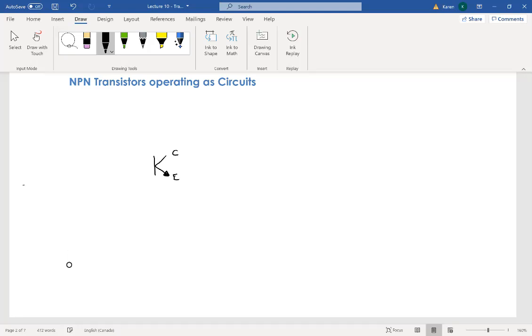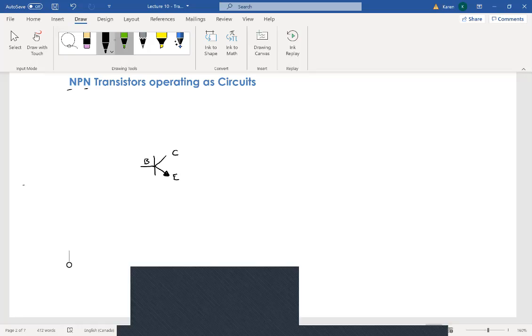An arrow always points to the N side, and the N in NPN is on the outside, so this is pointing out. That's our transistor element, and here this is the base. It's the same as what's in the lecture notes, it just doesn't have a circle around it.